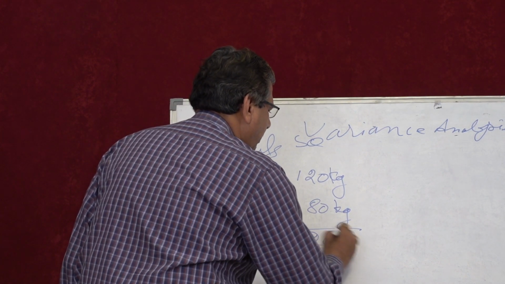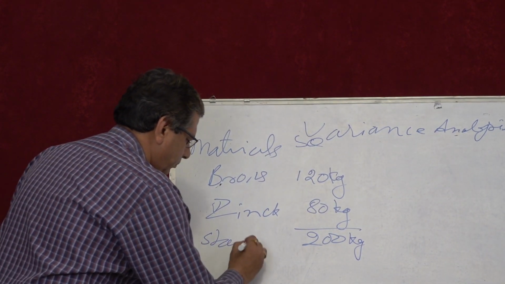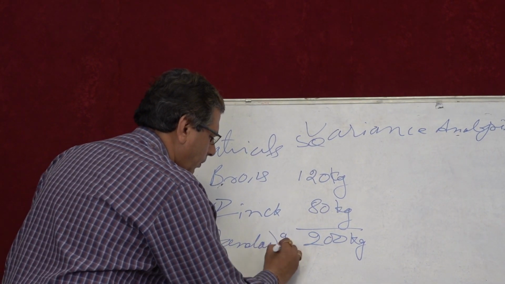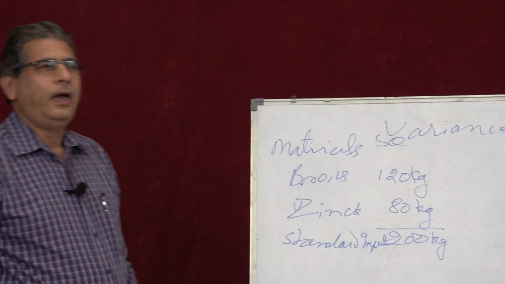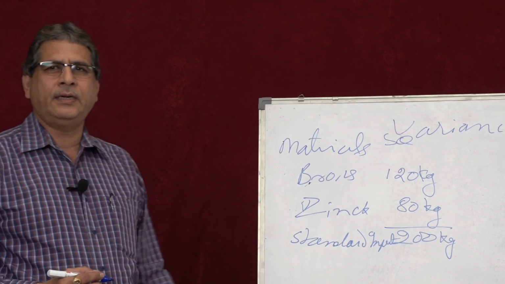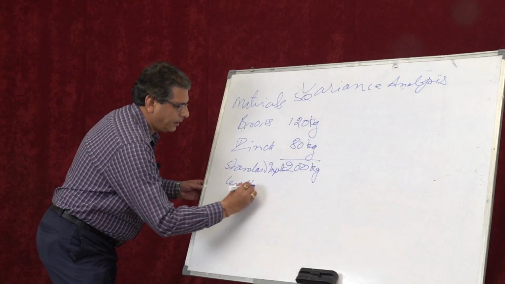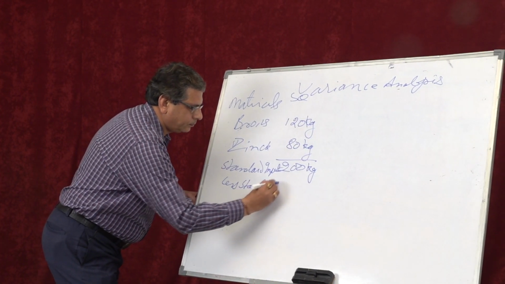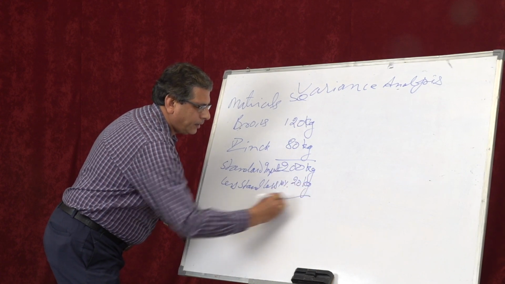making total standard input 200 kg, and sometimes there is a process loss. Say for example, standard loss is 10%, less standard loss 10%, 20 kg.